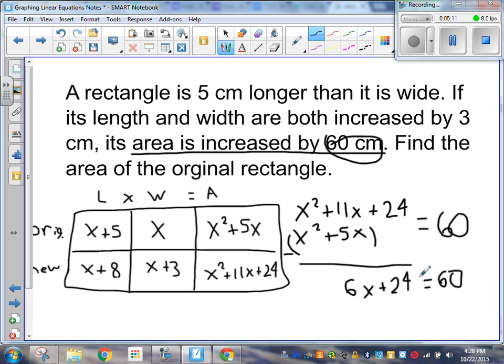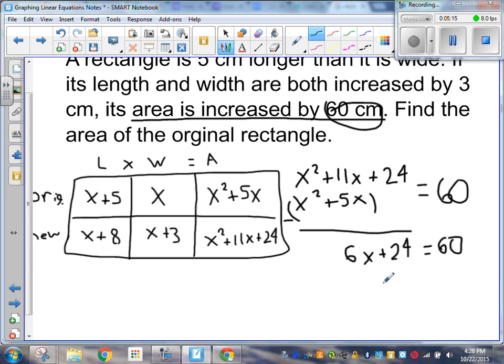And now, can we solve this equation? Do that for me really quick. Subtract 24 from both sides, you should get 6x is equal to 36, I think. Yeah, I'm right. And then divide both sides by 6, and you'll get x is equal to 6.